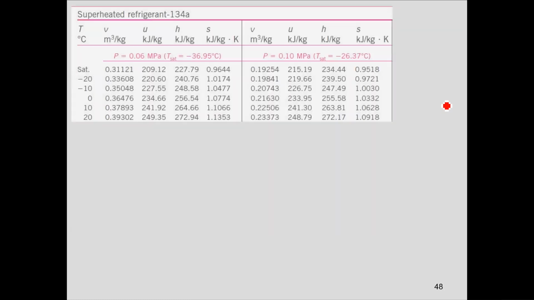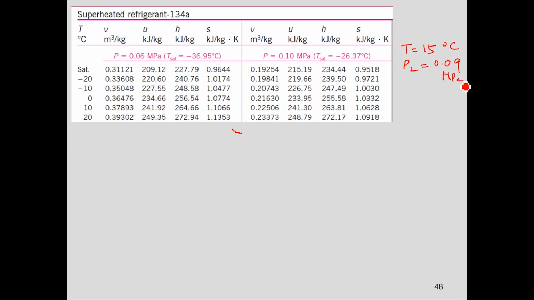Now, the second thing is you have to find the values for the second temperature. If you remember, the temperature for state 2 is 15 degrees centigrade, and the pressure again is 0.09 megapascal, or 0.0904 megapascal, which again lies in between.